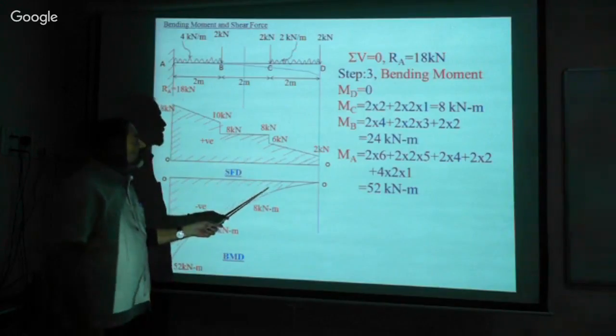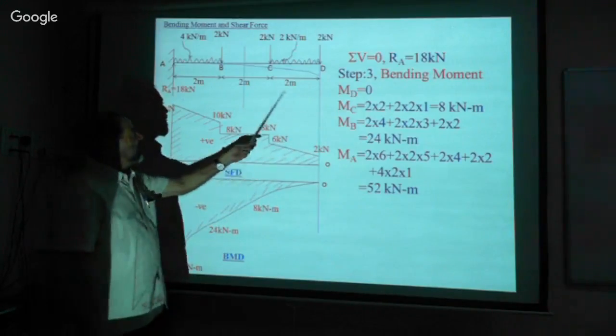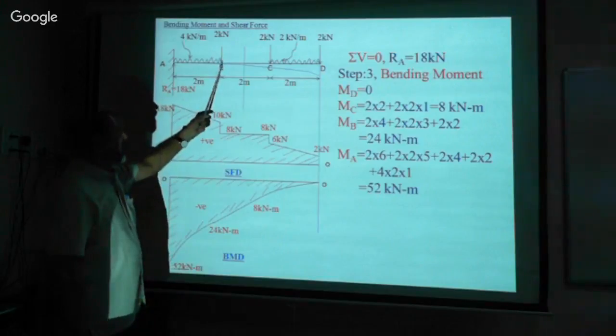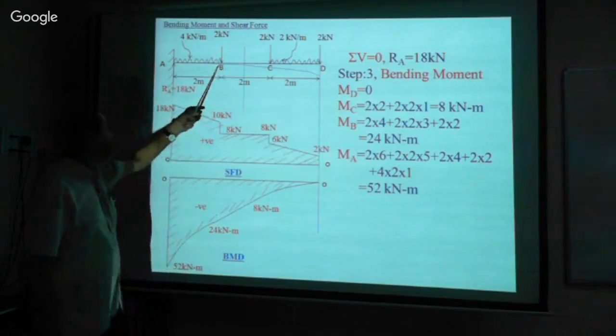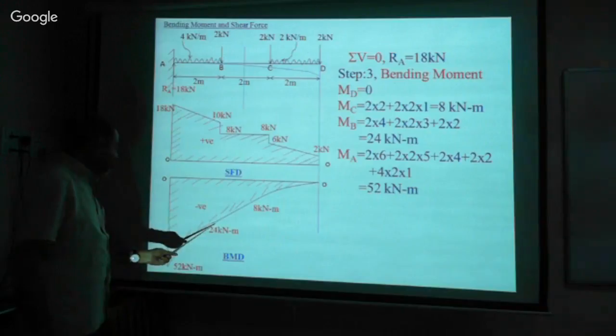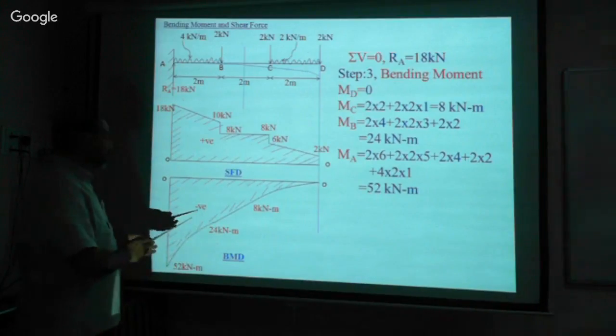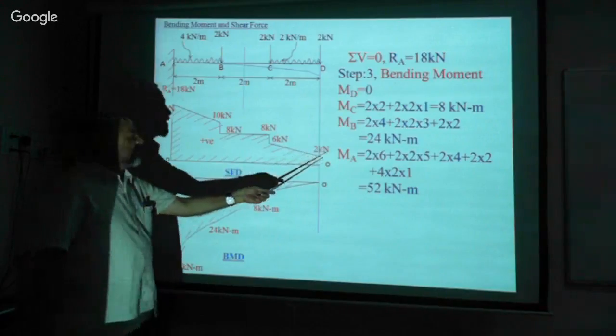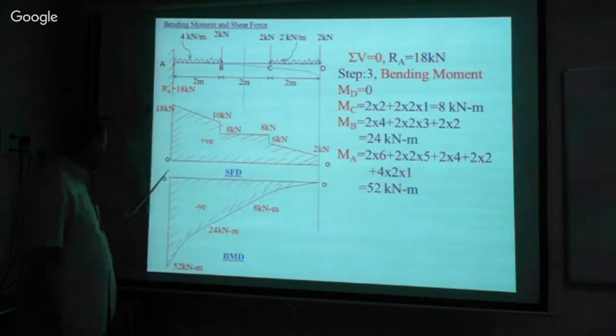Similarly, at B we have 24 kilonewton meter. You measure this 24 kilonewton meter and mark a point. And similarly, at A we have 52 kilonewton meter, and again you mark this.